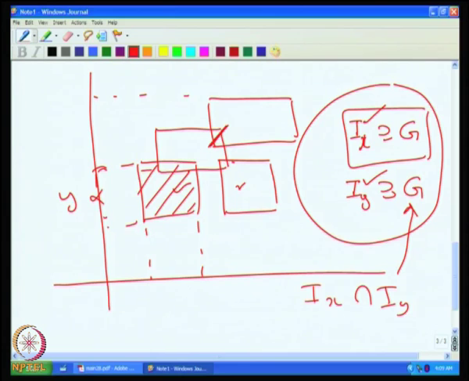If both their projections have intersections, the rectangles have to intersect, because after all these are Cartesian products of the projections, right. So, we can see that if we have a representation in terms of rectangles, then we can find two interval graphs such that G is the intersection of these two.